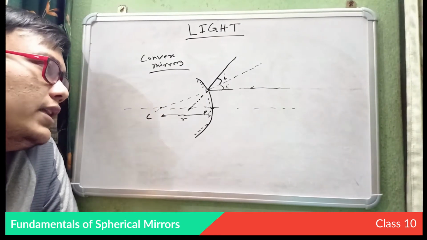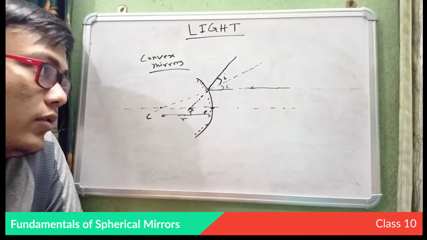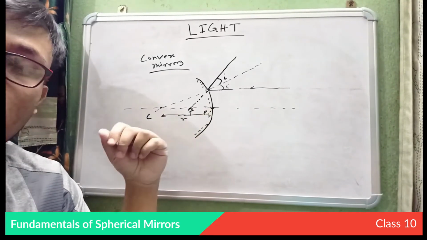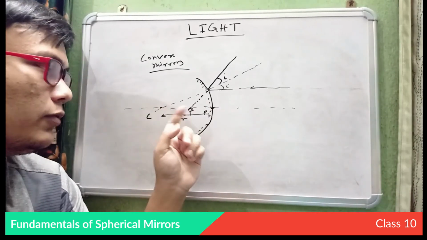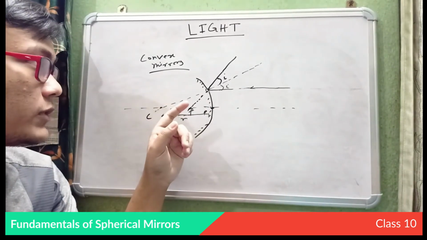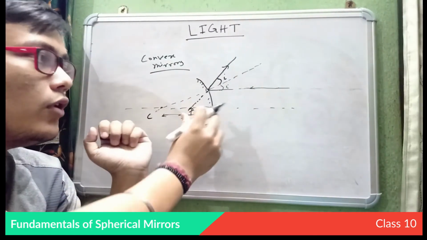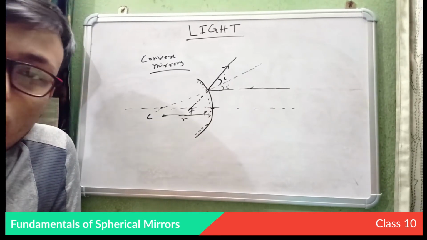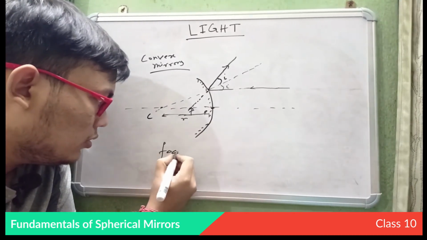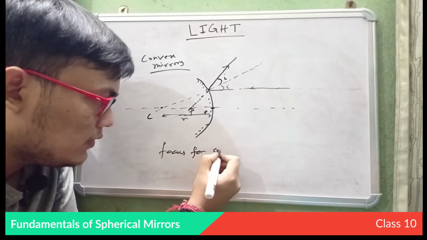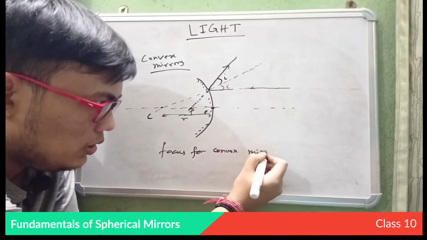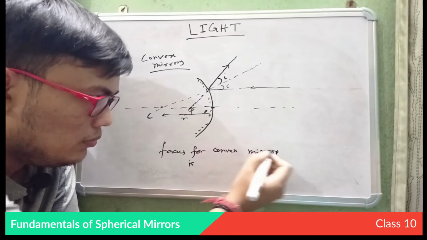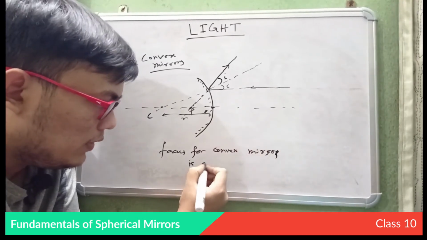You can see that this is known as the focus, where the incident ray is parallel to the principal axis. The point through which it cuts the principal axis is known as the focus. So you can see here that the focus for convex mirrors will always be virtual.